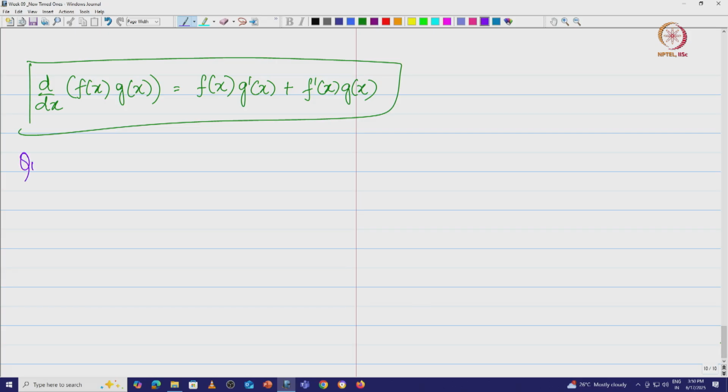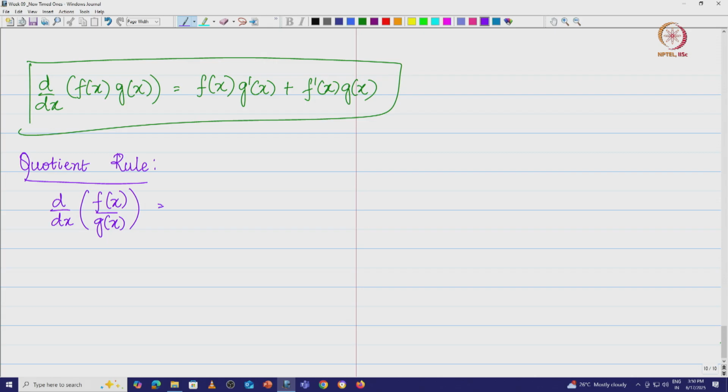So, the quotient rule: if you want to take the derivative of f of x by g of x, you can do something similar to what we have done before.